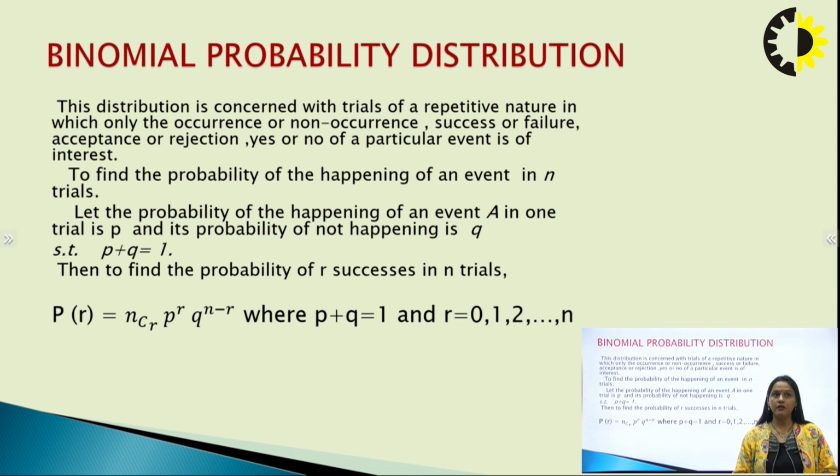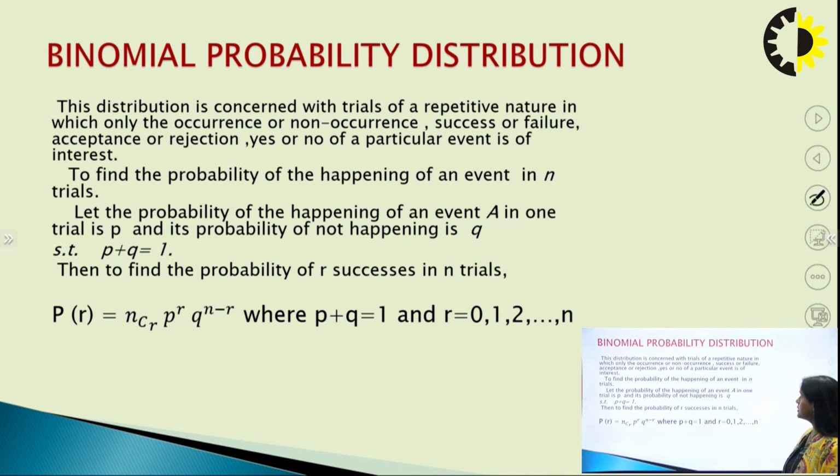can be calculated by binomial probability distribution. In that we always assume that let us suppose A is an event. So in that event, suppose there are n trials, and in those n trials, probability of happening of the event is p, and probability of not happening of the event is q.